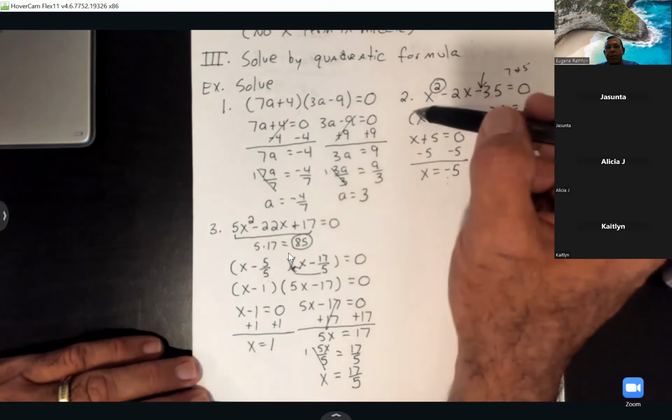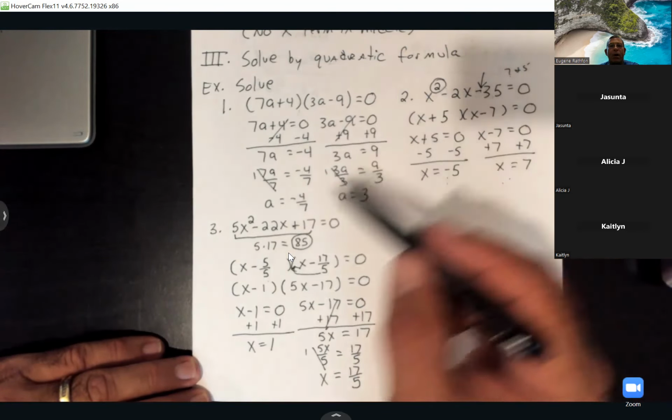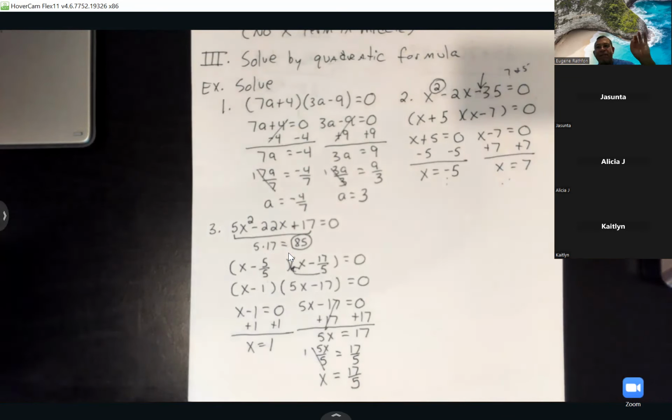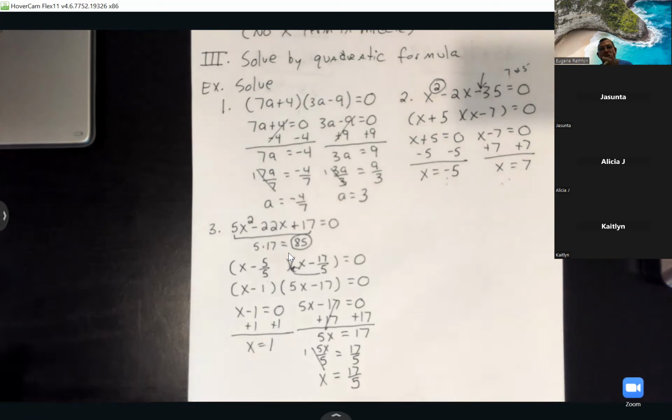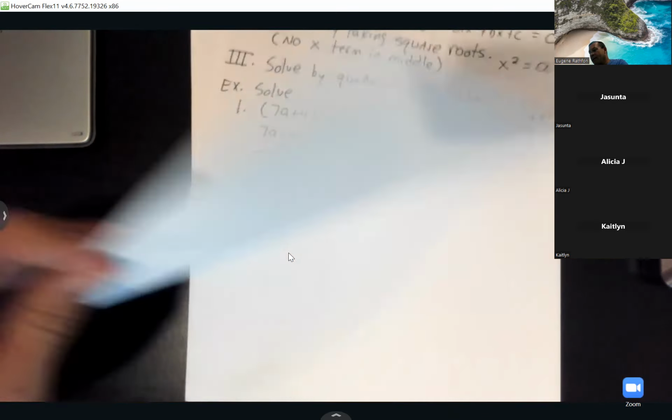So these were just a review of solving the quadratics by factoring like we did in the past. So now let's step into something new. So let me get this paper fixed.